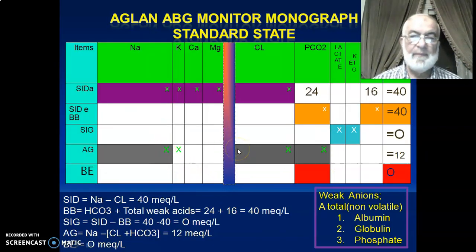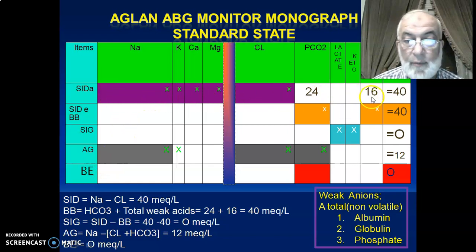Here I'm collecting all these different monitors: strong ion difference, buffer base, strong ion gap, anion gap, and base excess or deficit. When you look at the extracellular compartment, it is characterized by electron neutrality.